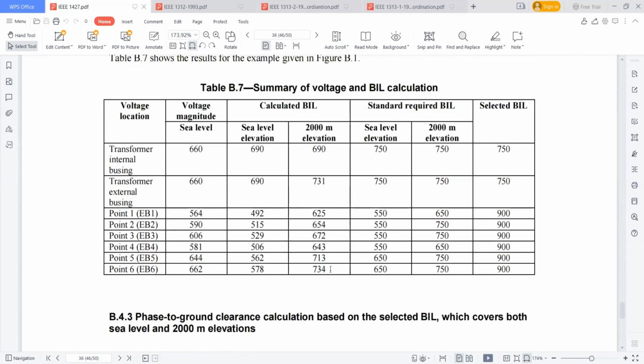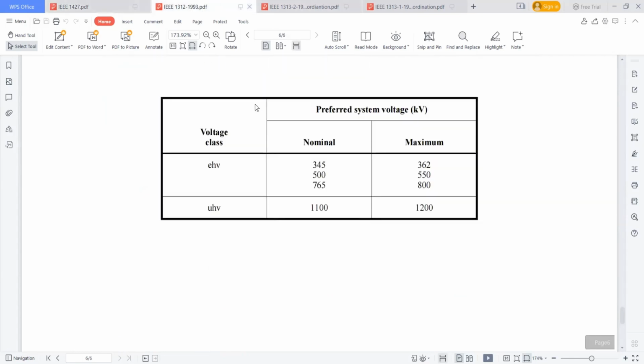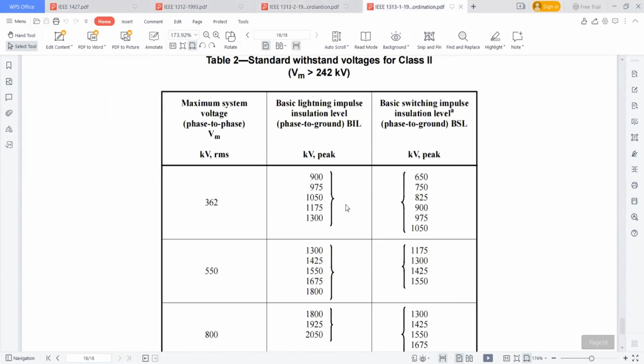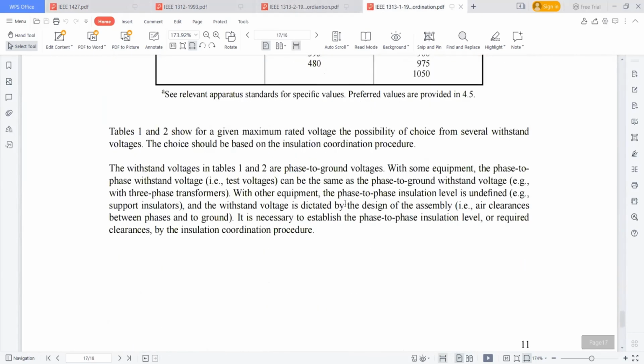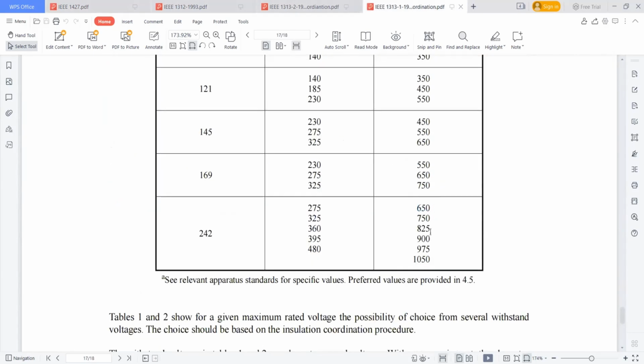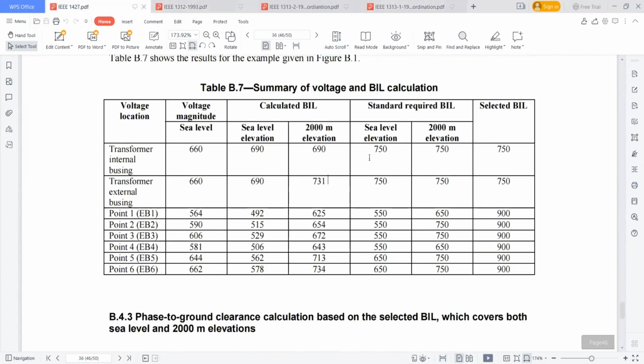So what is the standard BIL level for 230 kV that we saw previously? I have 650, 750, 825, 900. These are the standard ratings available. So for 690, I am selecting 750.